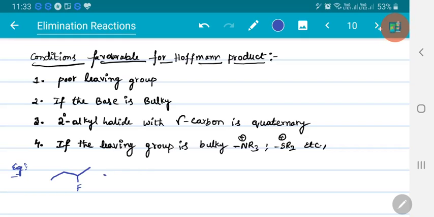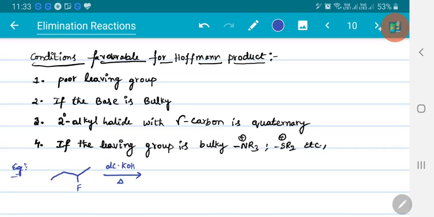So if I take alcoholic KOH, of course on heating. Instead of fluorine, if I had taken chlorine or bromine, in such cases, as they are good leaving groups, they prefer the SN2 mechanism, leading to formation of the alkene.